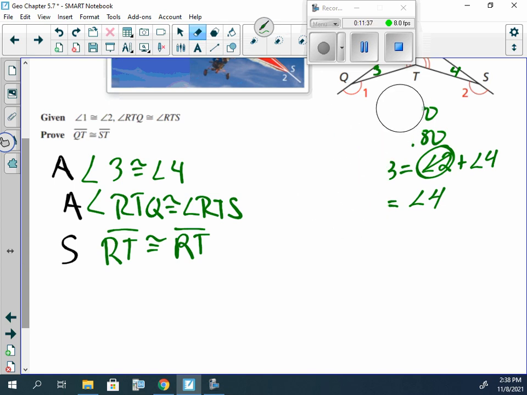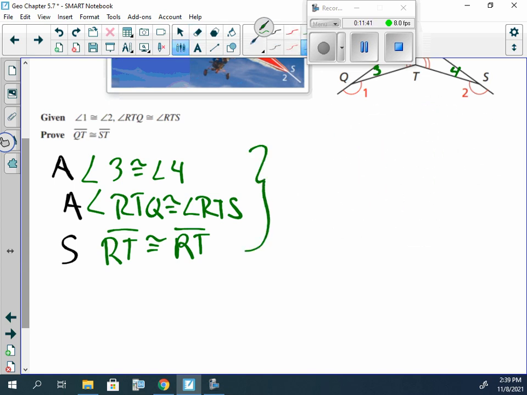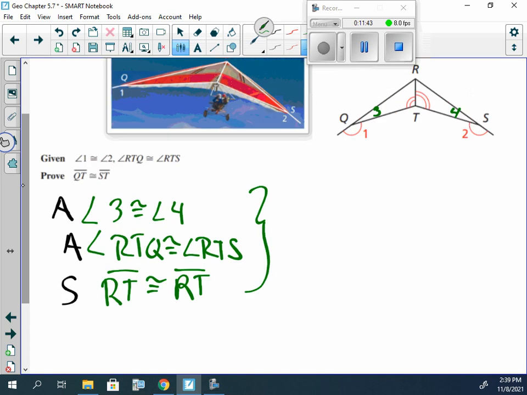I'm going to erase this here. Now, if we look at both, we do have an angle, angle, and a side, yes? Is that one of the congruency statements or shortcuts that we have? Well, yes, isn't it? So we can say that triangle what?